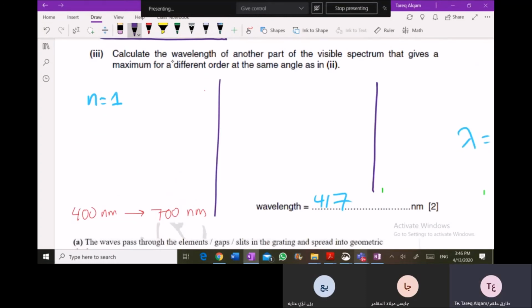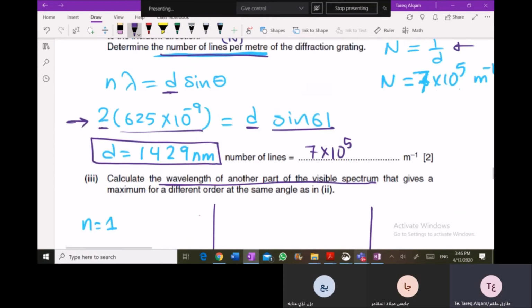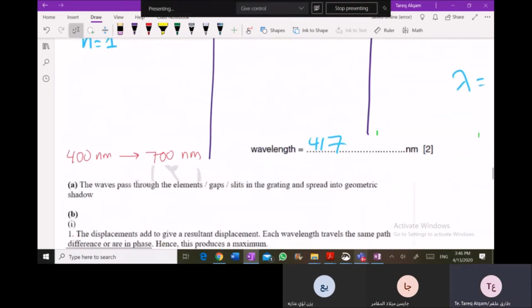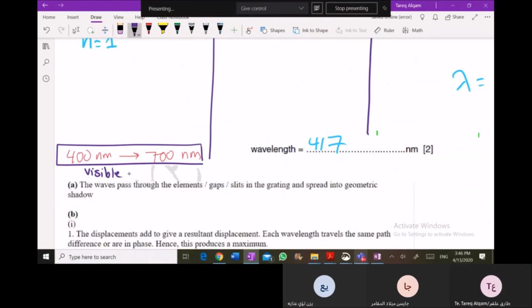Now calculate the wavelength of another part of the visible spectrum. Here they refer to this question, light of wavelength 625. This is visible, guys. As I told you before, we have to memorize that our visible range is between 400 to 700 nanometers.